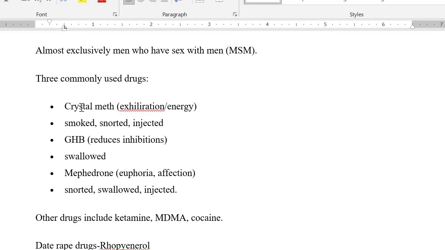What drugs can they be using? Crystal meth, which can be smoked, snorted or injected. GHB, which can reduce inhibitions and is swallowed. And mephedrone, which will cause euphoria and affection, and can be snorted or injected.